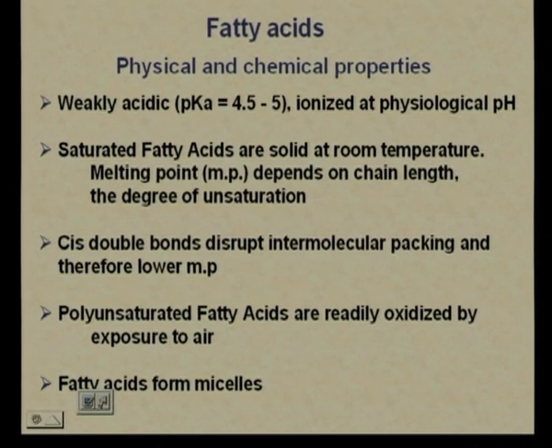If you had straight chains that were very well organized, you would have a higher melting point. But due to the presence of the cis double bonds, the intermolecular packing of the hydrophobic chains is disrupted, it is broken, and that lowers the melting point.